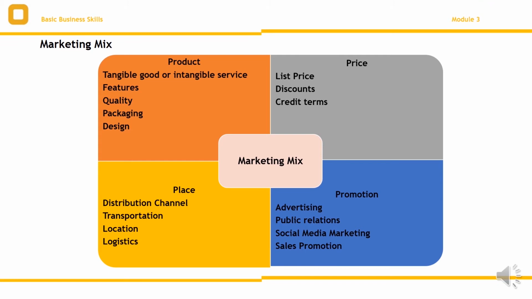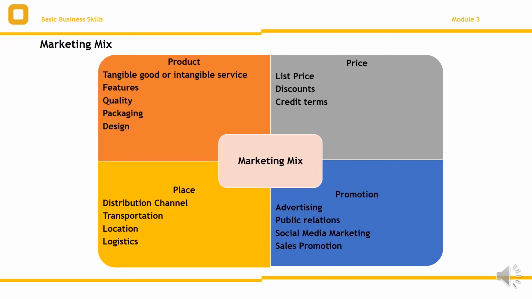Under place, you also need to consider location. Location in terms of where your business is located, how far or how close your business is located in relation to your customers. Lastly, under place, you need to consider logistics.